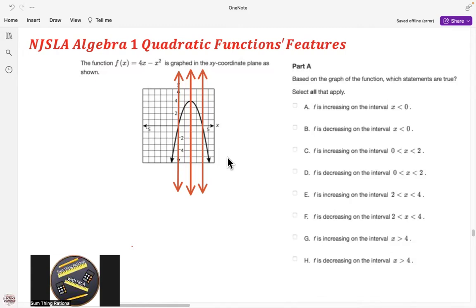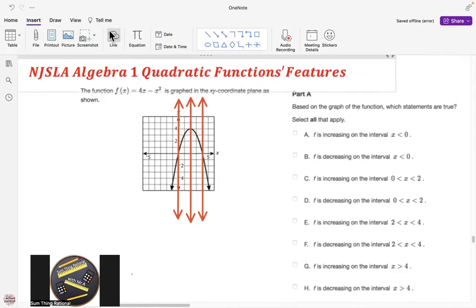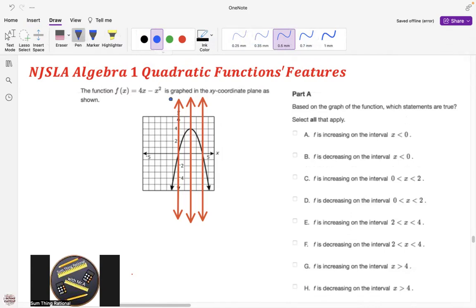Those vertical red lines I put on purpose, to separate the whole interval into some pieces, okay?